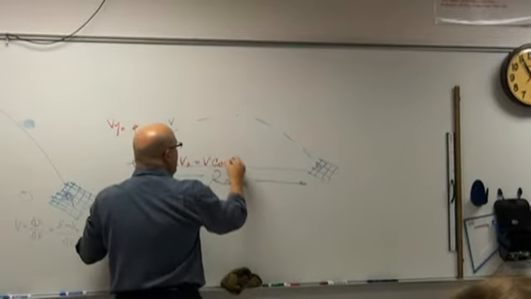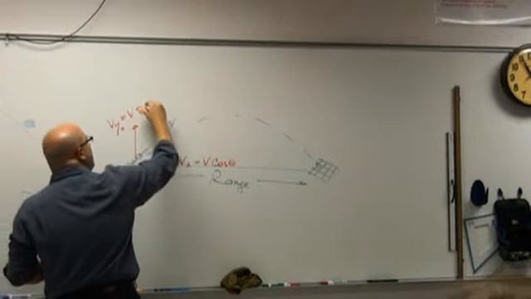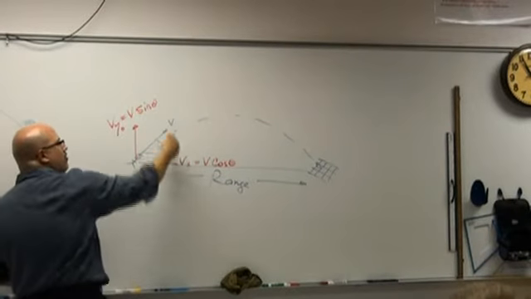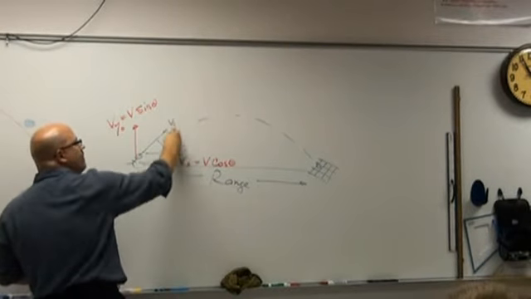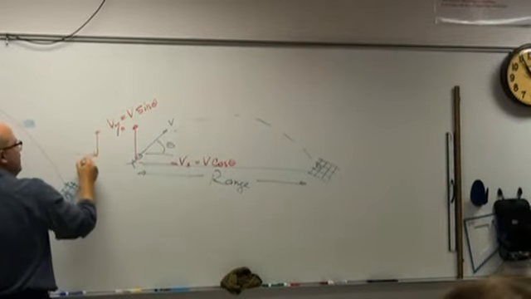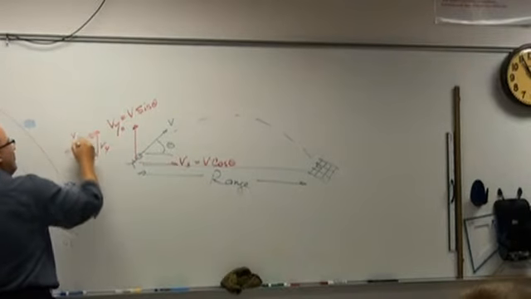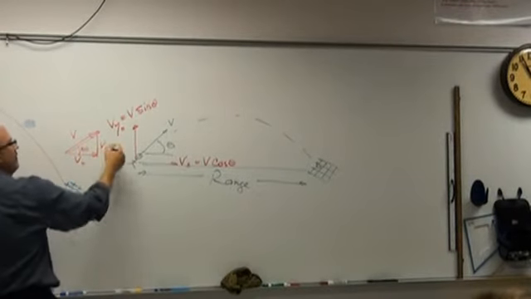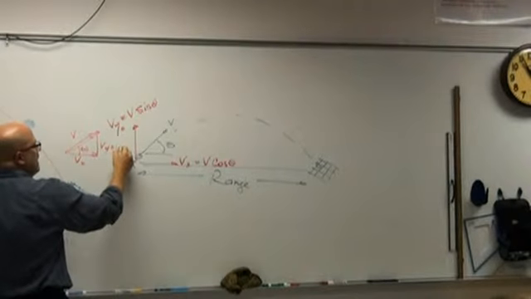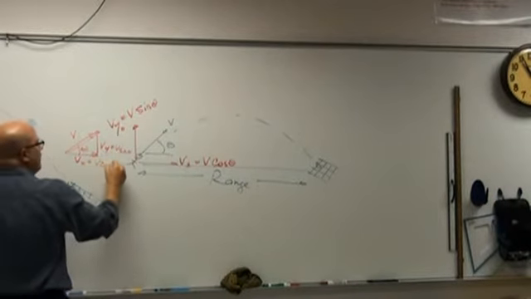So cosine theta, and that means this one is going to be V sine theta, because it's going to be the vertical part of my triangle over here, right? Okay, so let me draw it just in case. There's my Vx, there's my Vy, and there's my total V, and there's theta. So this is going to be V sine theta, and this is going to be V cosine theta. All right?